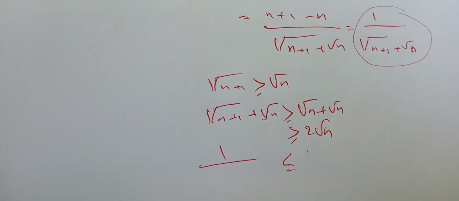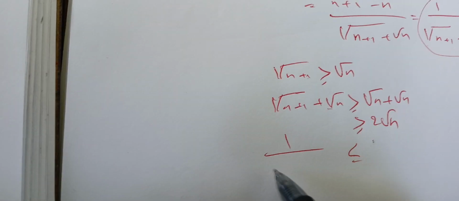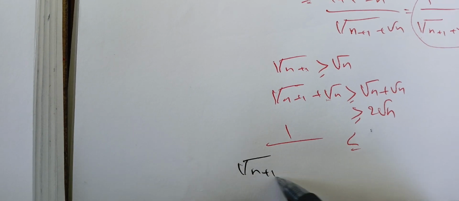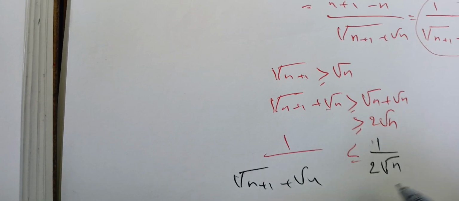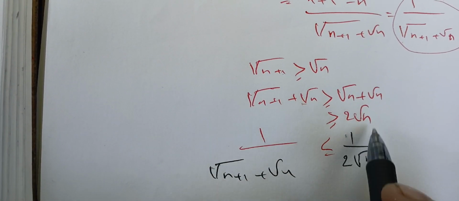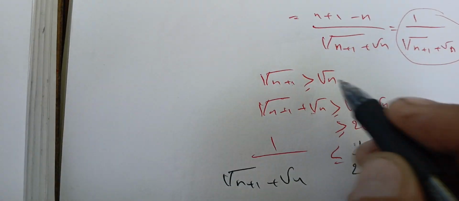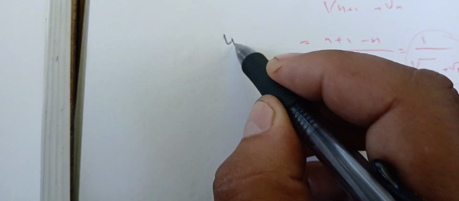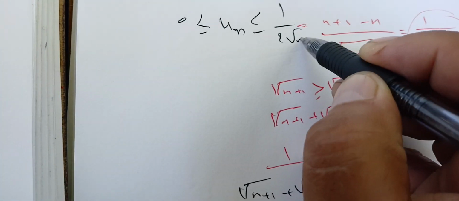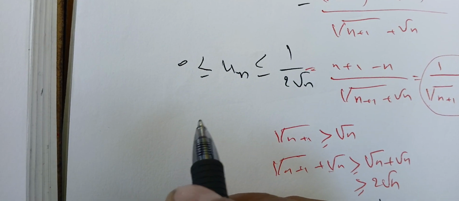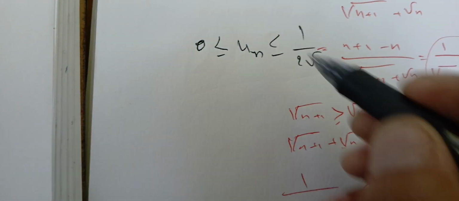So 1 over the square root of n plus 1 plus the square root of n is less than 1 over 2 square root of n. So now what we can say is that u_n is between 0 and 1 over 2 square root of n.